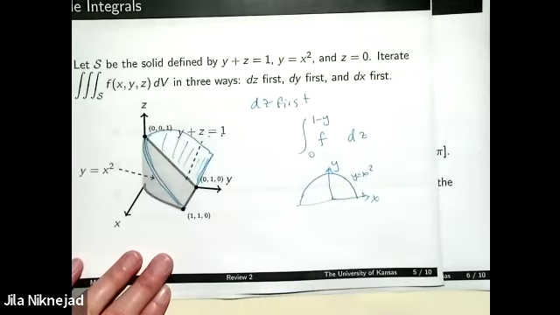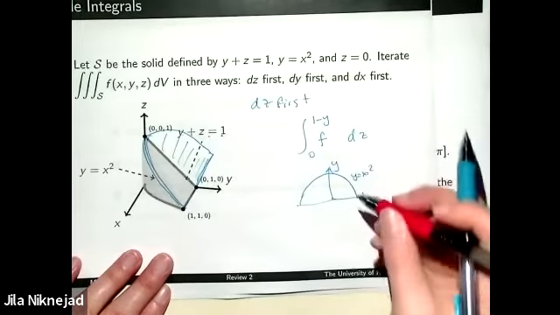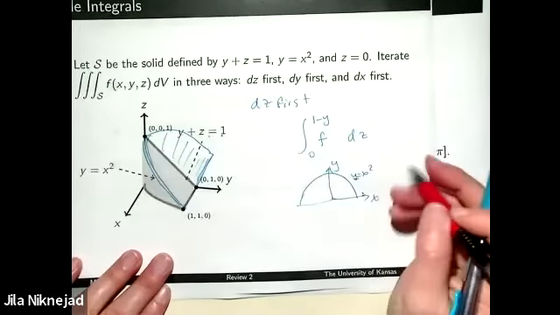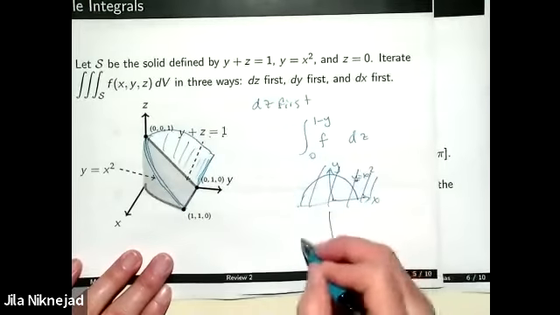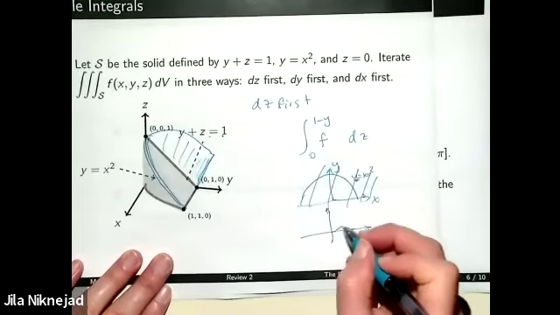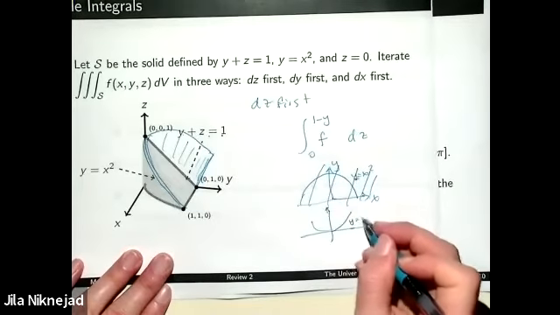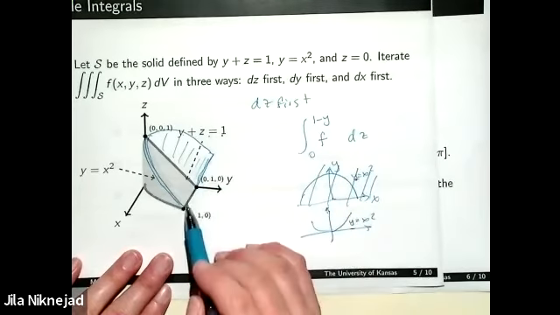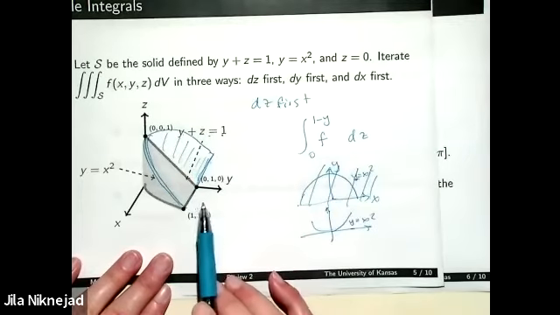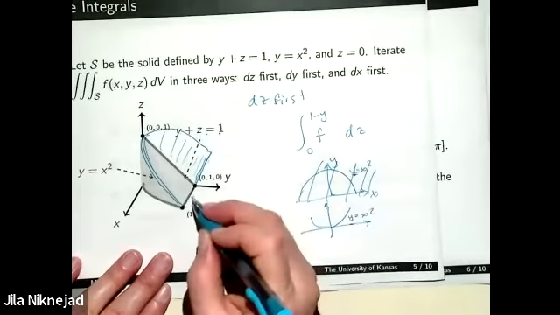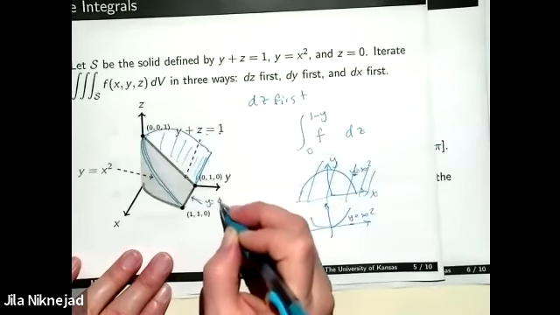Sorry, guys. Y equal to x squared, and I do it that way, right? And then the other part is when y plus z equal to 1 intersects y equal to 0. So this one is y equal to 1.